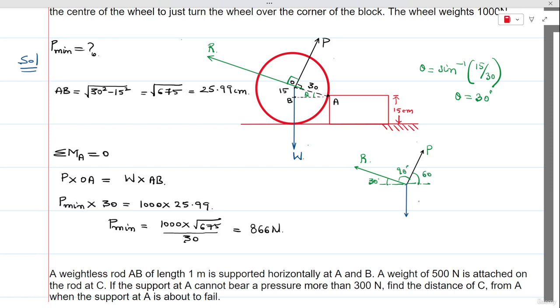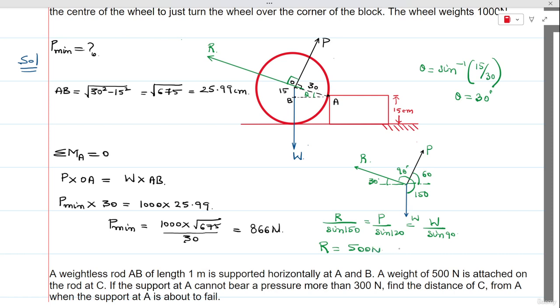So this is 60 degrees. So now once we apply Lami's theorem, R by sine of 150. So this angle included between P and W is 150, and P by sine 120, and W by sine 90. So now if we solve for R, we would be getting R as 500 newtons.